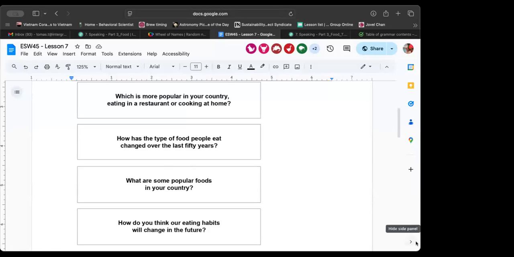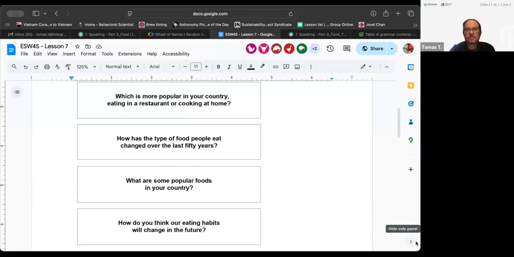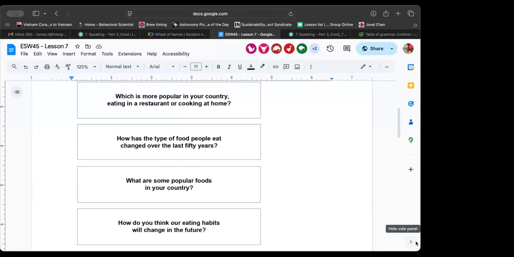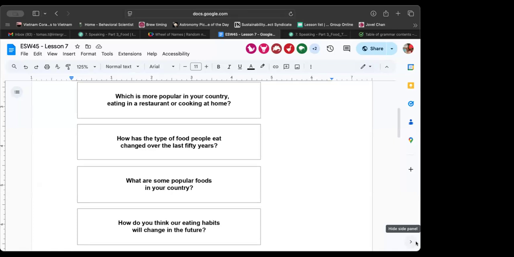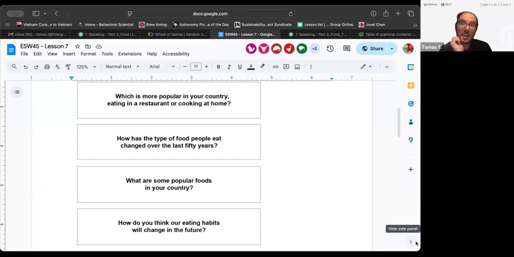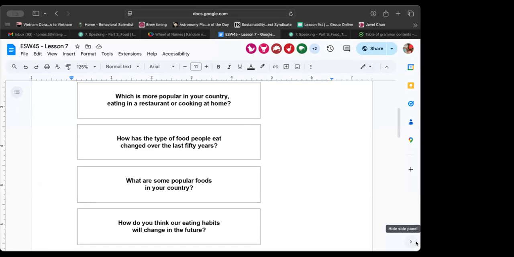I choose question number 1. Okay, go ahead. Sorry, there is some mistake. In my country, cooking at home is still more popular because it's healthier and cheaper and it's more convenient and it's more cleaner.